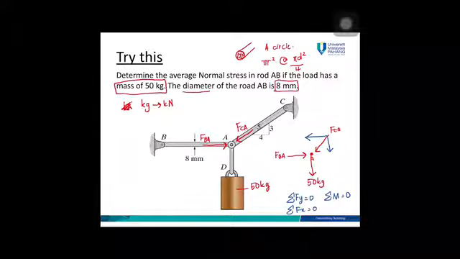And then after that, take the FBA value and convert it into stress by stress is equal to F divided by area. You see that you only have two unknowns, so you just use two equilibrium equations. You need to decide which equilibrium equation is suitable to solve this question.